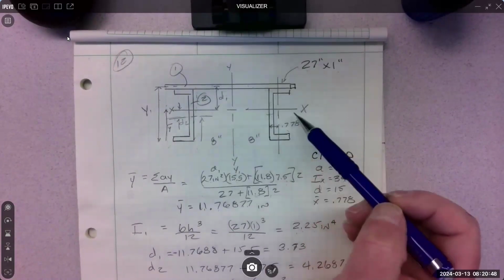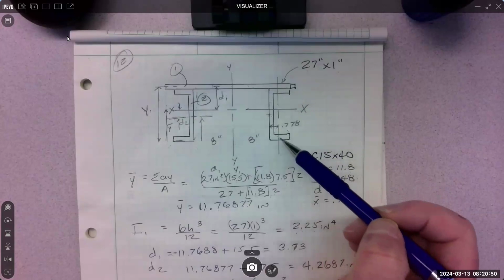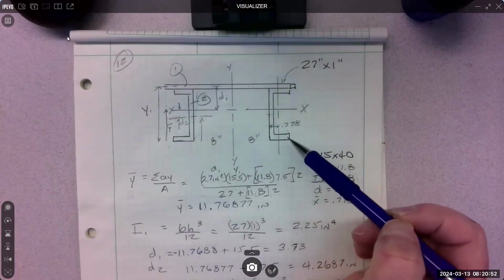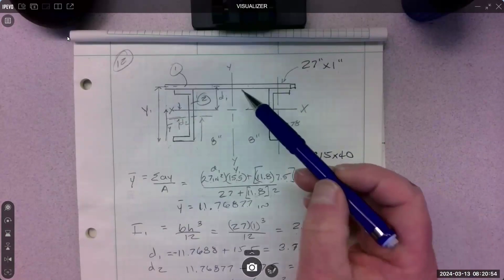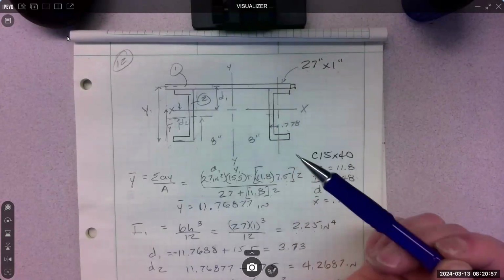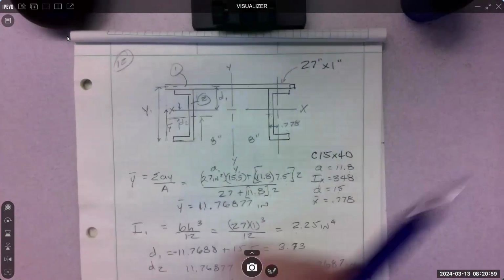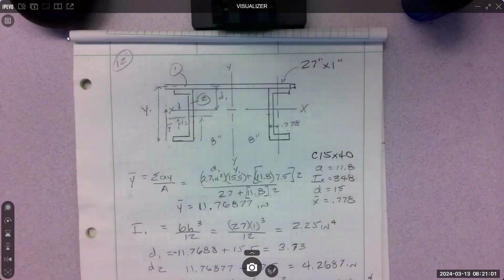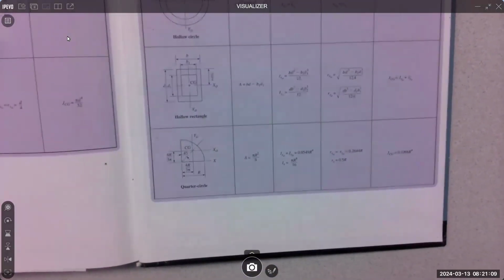If it's not a structural steel shape and you can't look it up, like the plate, then you have to just calculate it. If I give you some strange shape that you can't look up, like some kind of half circle, right?